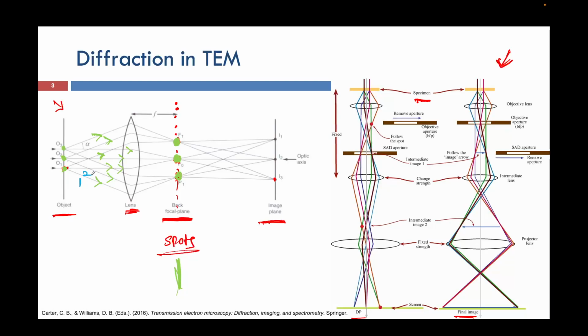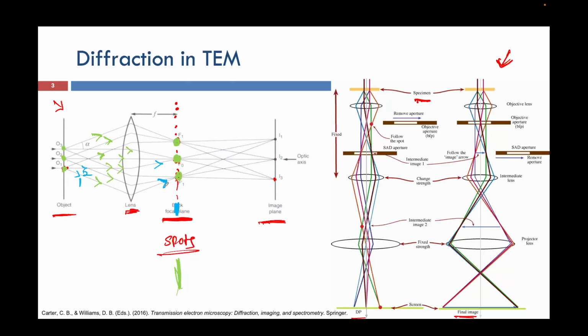Ray 1 and ray 2 are not able to meet in my back focal plane, right? Ray 1 is here, and ray 2 is going here. In the back focal plane they are not able to meet, so they will not form an image.